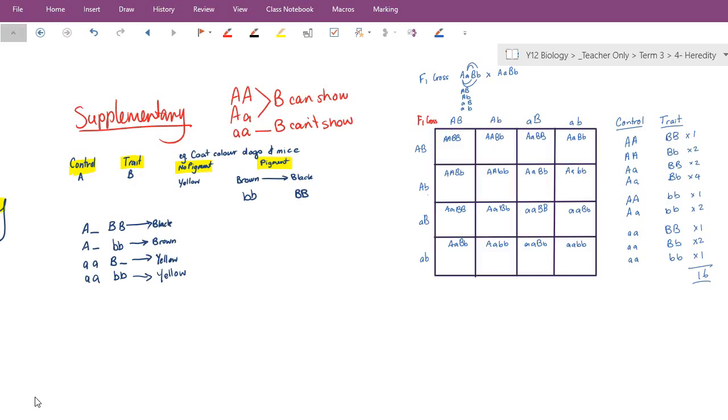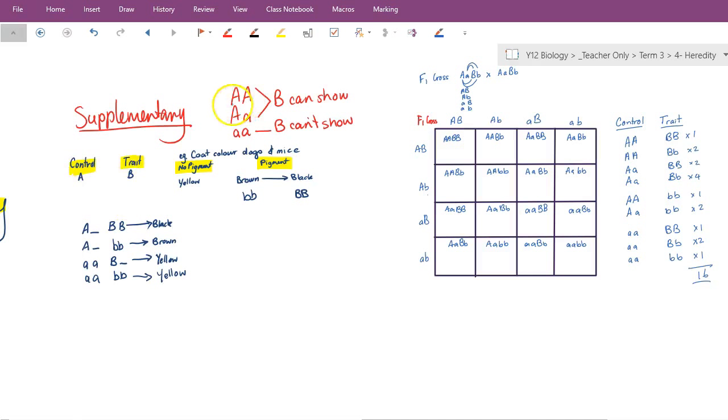Now supplementary is all about A being a gene that controls whether or not B can actually show itself or not. If you don't have A making a protein, in other words, there's a big A gene there, the dominant one, if A doesn't have a dominant gene there, then B won't work no matter what. So that's supplementary.